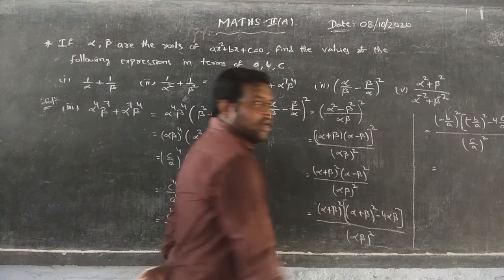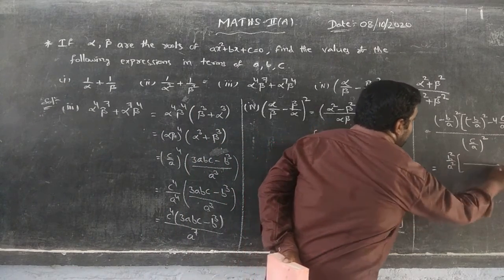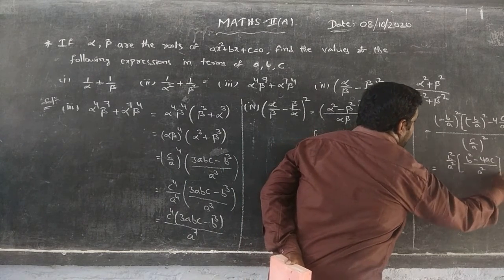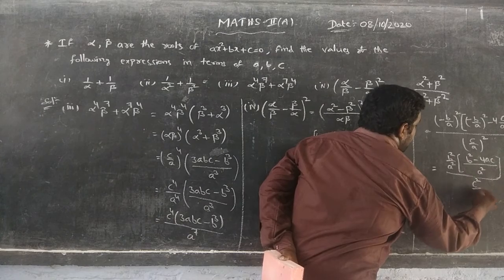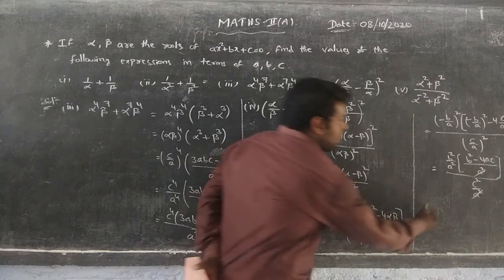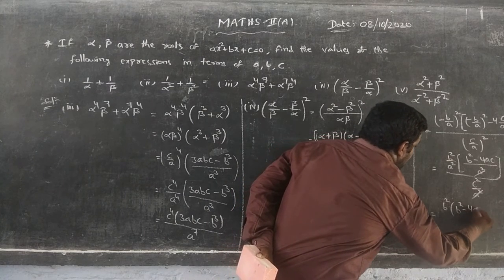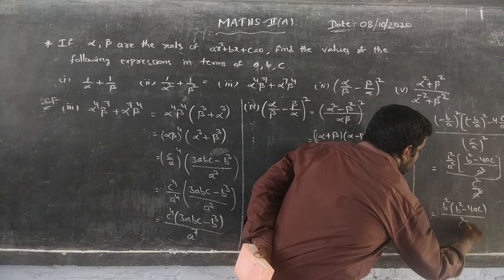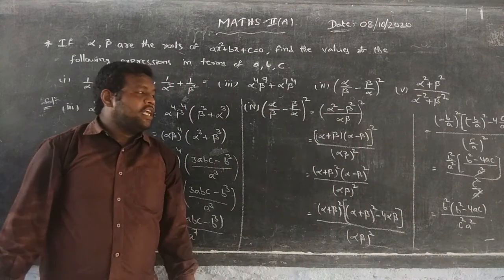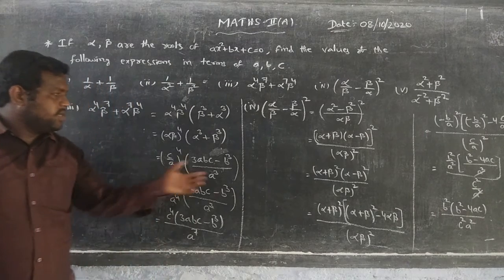Minus b by a whole square means b square by a square, into, here the LCM is a square, b square minus 4ac by c square by a square. So when a square gets cancelled, that equals b square of b square minus 4ac by c square a square. This is the value of alpha by beta minus beta by alpha whole square. Okay, note this one.